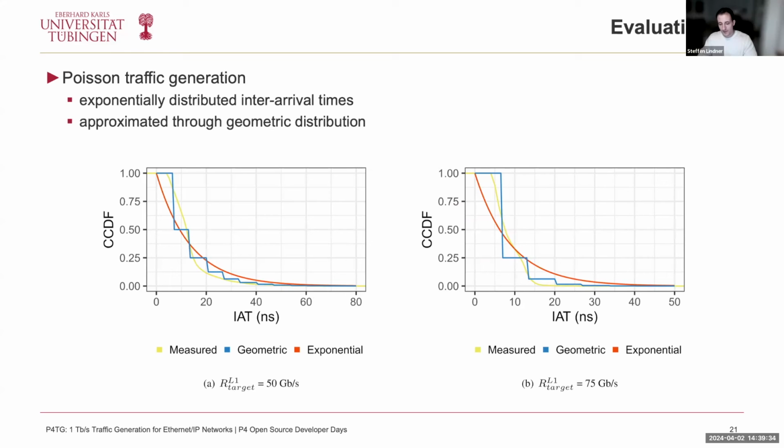Yeah, we don't use policing. We do a bit of a trick here to get the Poisson traffic. We actually generate traffic at 100 gigabit per second. And as Poisson traffic is a geometric distribution, we can get this geometric distribution by dropping packets randomly with a given probability.